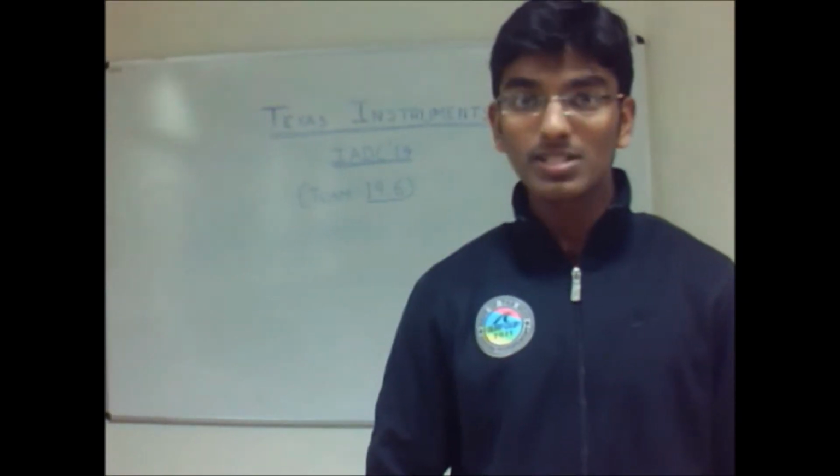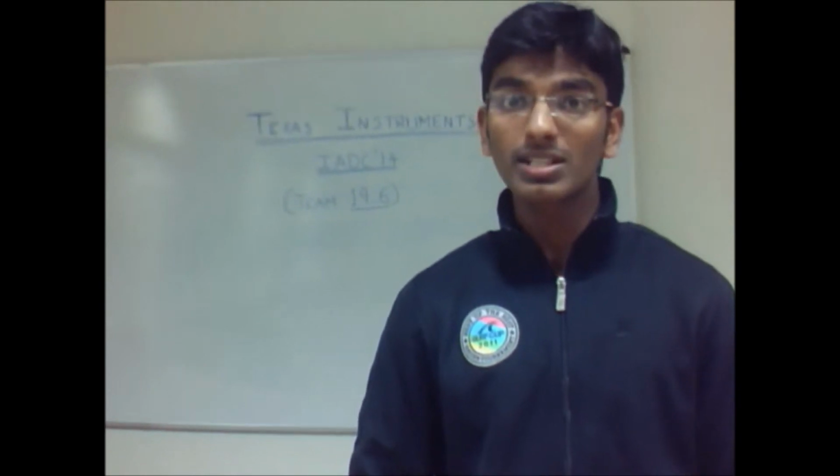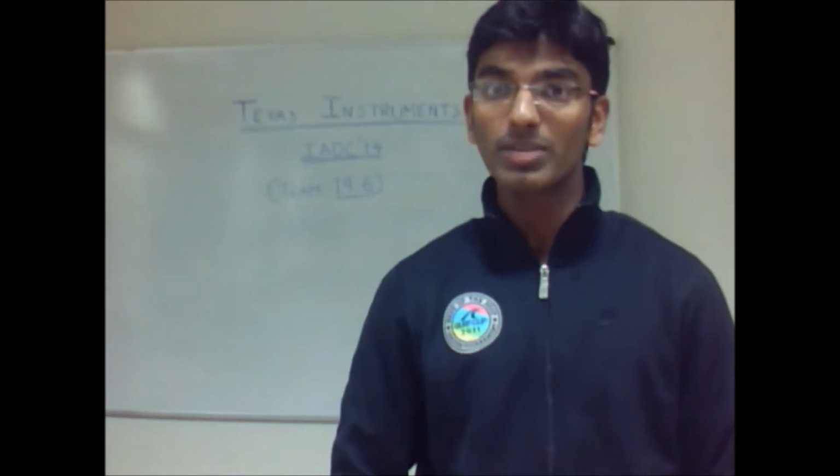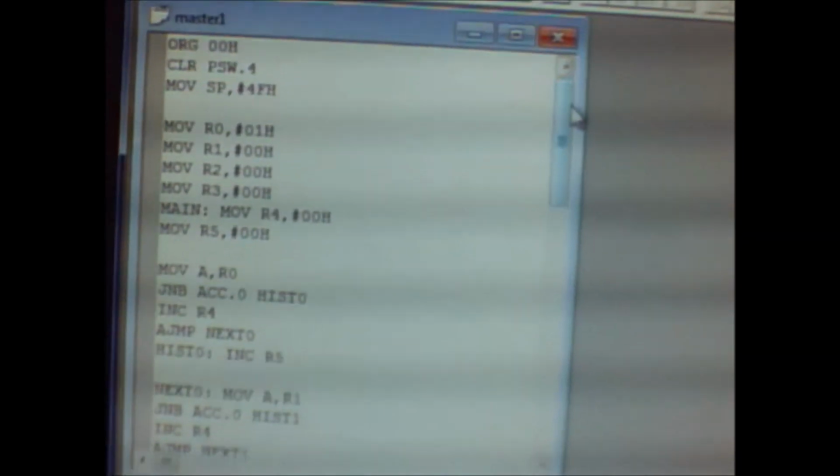Now we power up the system to show you first a single processor environment, where only the master takes opcode from the EEPROM and executes it. As you can see here, the system is powered up. Now coming to the output, here is a program that we have loaded into the EEPROM.